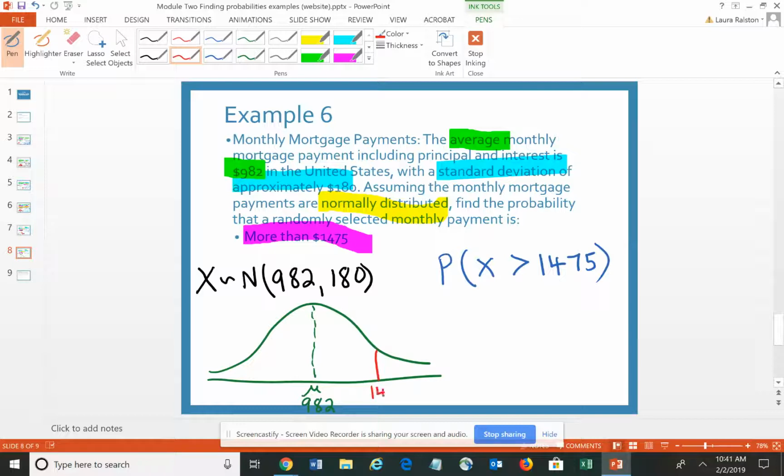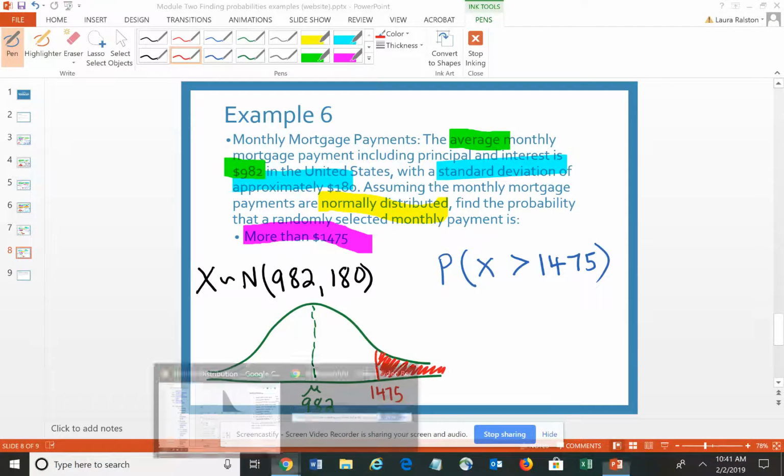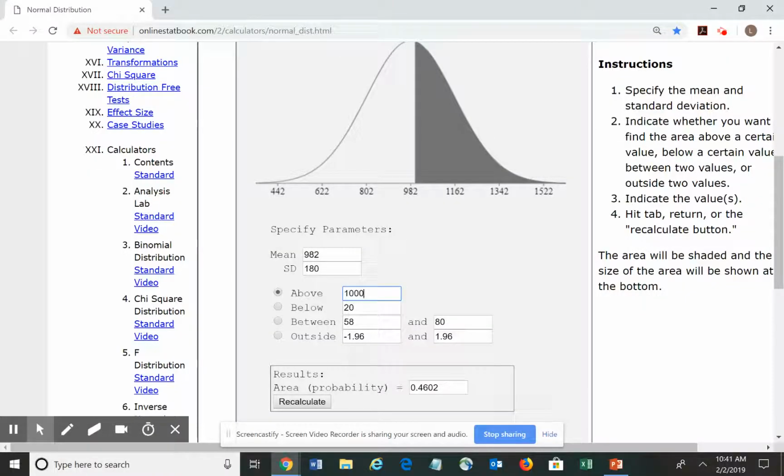So here's 1,475, and we're above. Going out to our website, our mean is 982, standard deviation is 180. Now I want to be above 1,475. So I change the number, hit enter, and it gives me a value of 0.0031.